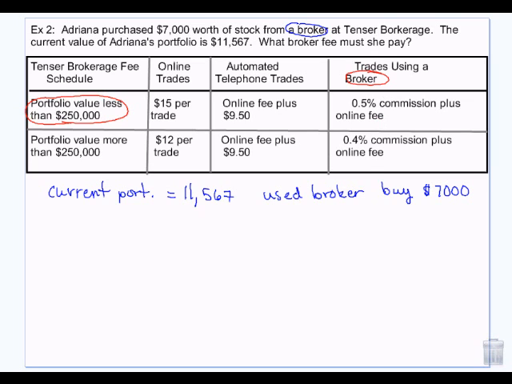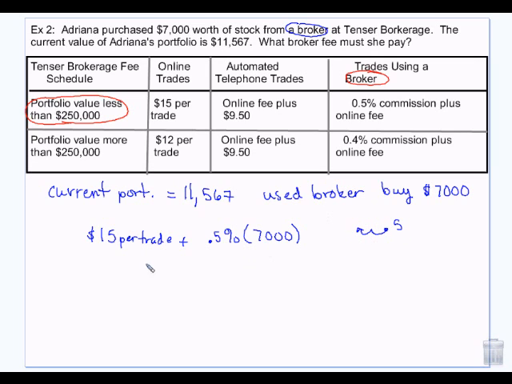So she's paying $15 per trade plus that commission, which is 0.5% times 7,000. But I can't multiply a percent. I have to turn the percent into a decimal to multiply it. To go from percent to decimal, I move the decimal 2 places this way.